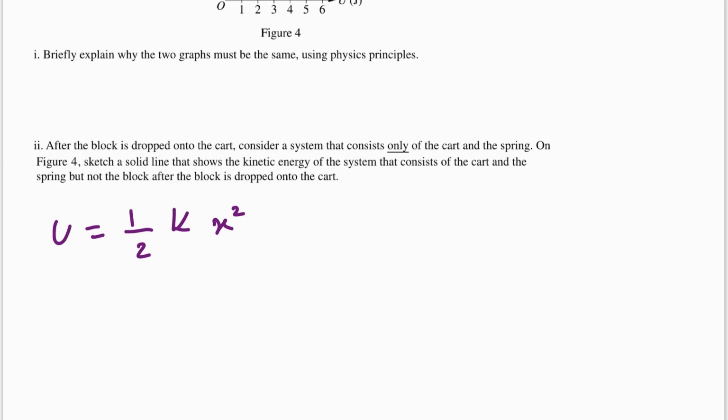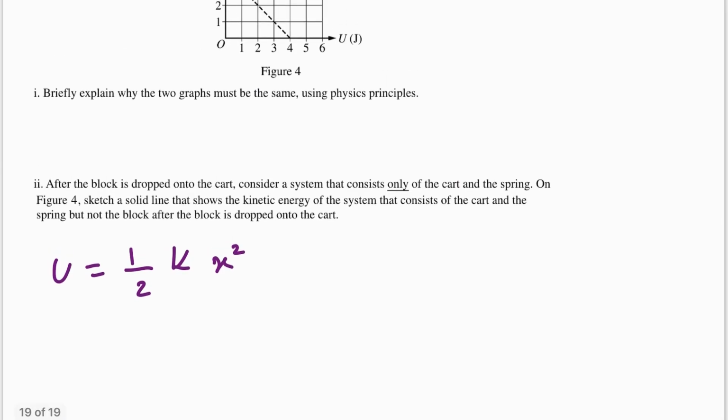This formula is independent of the mass of the system. Therefore, changing the mass of the system does not affect the potential energy stored in the spring. So the graphs must be the same because of the principle of energy conservation. In both cases, before and after the block is dropped on the cart, the total mechanical energy of the system is conserved, and it is the sum of the kinetic energy K and the potential energy U at each point.